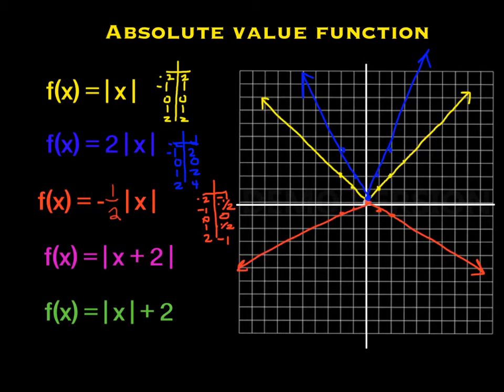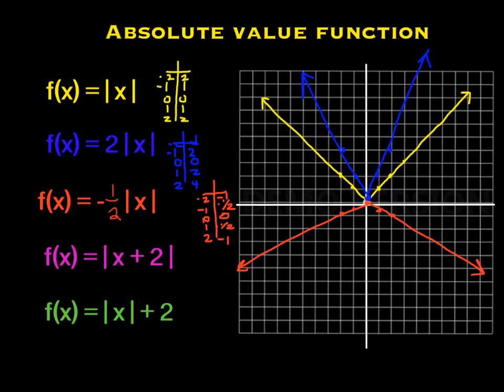So it looks like I took the yellow and I pushed down on it and pushed these sides out. That's what the 1/2 does. The 2, I took the yellow and I stretched them up. Made it skinnier, but we're going to use the word stretch.